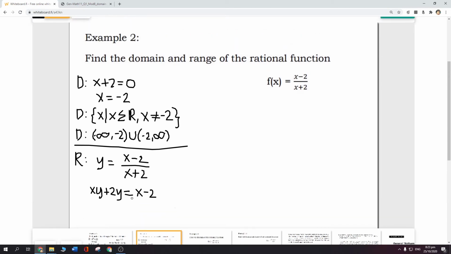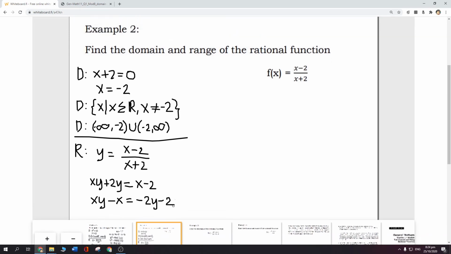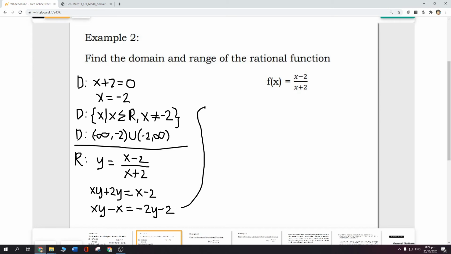In this situation, we are going to transfer to the left the terms that contain the variable x. So we have xy, we have minus x, so we transferred x here to the left. At the same time, 2y will be transferred to the right. So we have negative 2y minus 2. Okay, so we will continue in this place.